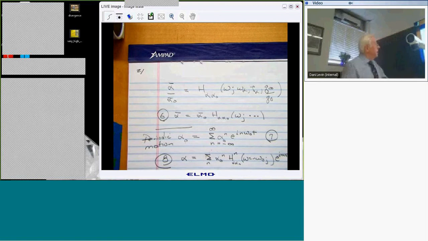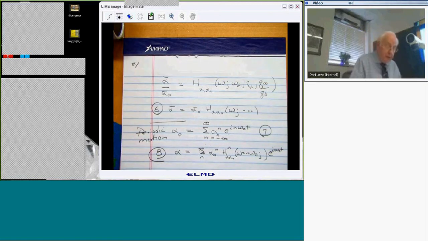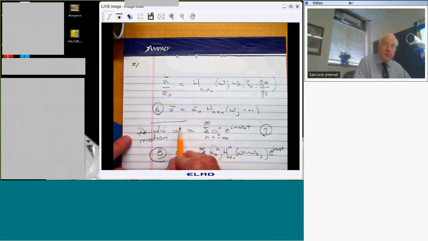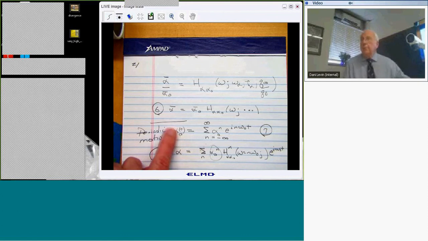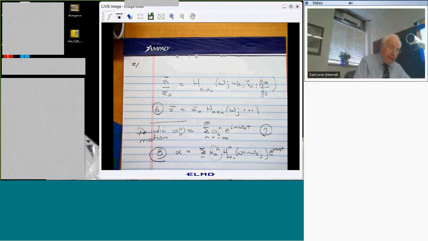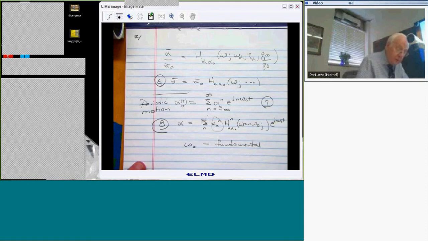Okay. So now I'm ready to answer the question, what's that? Right? So the idea is, this function can be anything, but it's got to be periodic in time. That is, it has to repeat every so often. And if omega naught is the fundamental frequency, or the first harmonic, then T naught equal to 2 pi over omega naught is the fundamental period.